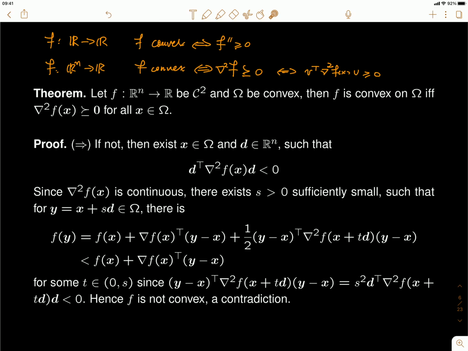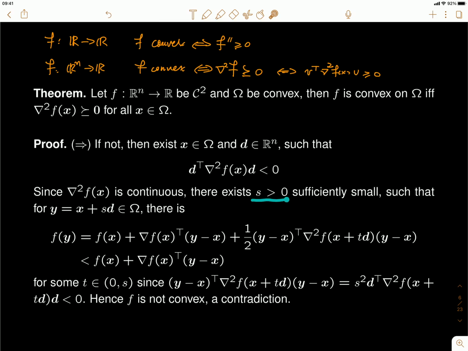What do we mean by neighborhood? If this is x, near x there is a ball, a hyperball, centered at x with a small enough radius, say the radius s, then within this ball this quantity is always negative, not just at x, but also in the neighborhood.